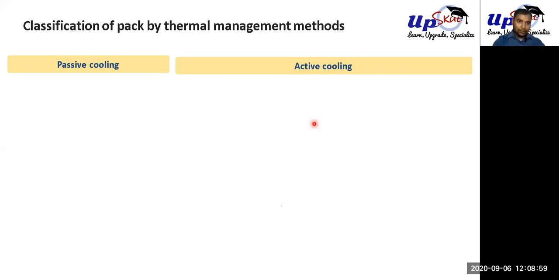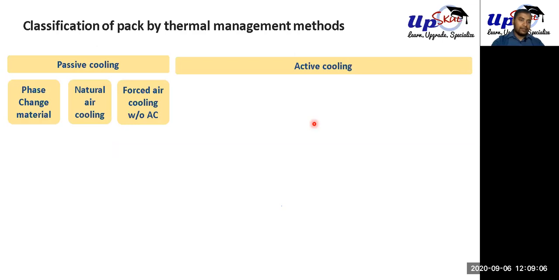Okay, so passive cooling has several types. Take these three. One is phase change material. The PCM is a different thing on its own, but simply put, it's related to the latent heat. Any material, if it changes state, from solid to liquid or liquid to solid, will absorb some latent heat or release some latent heat without changing the temperature.